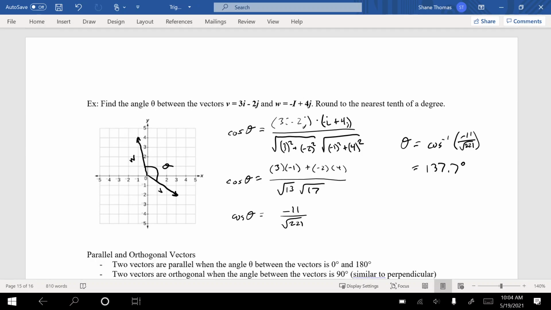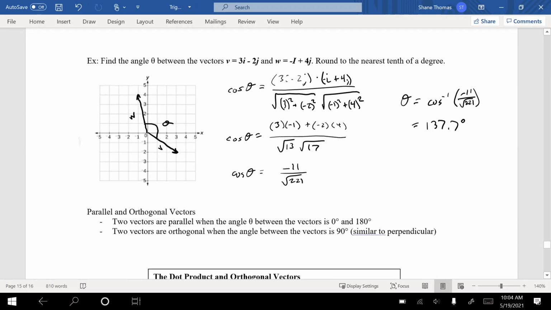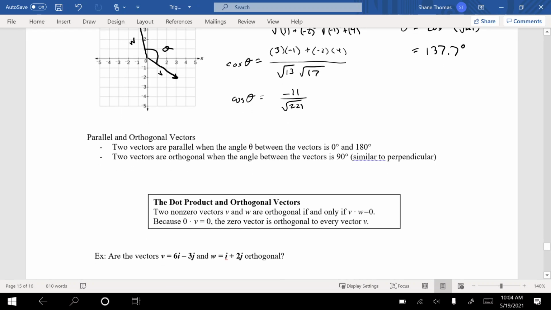So next one we have is parallel and orthogonal vectors. All right. Two vectors are parallel when the angle theta between the vectors is 0 or 180. And two vectors are orthogonal when the angle between the vectors is 90. So that's basically perpendicular. If I have two vectors like this, those are parallel, and those are parallel.